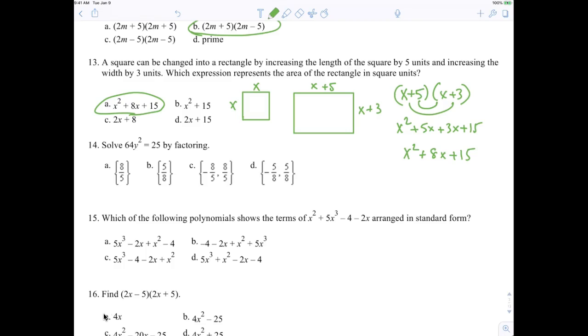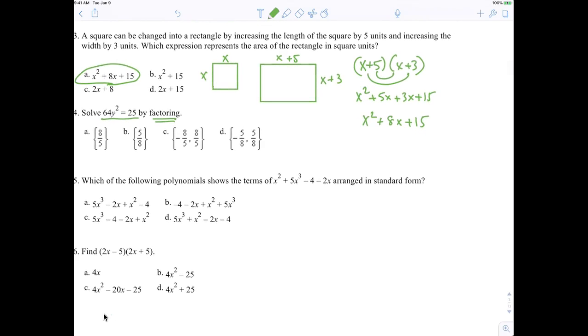All right, now 14. Two ways you could do it now because we learned square roots. You could divide by 64 and then take the square root and get plus or minus. But it does specifically say solve by what? Factoring. So when you solve by factoring, you set it equal to 0. So 64y squared minus 25 equals 0. Now you're factoring that. So that would be 8y plus 5, 8y minus 5.